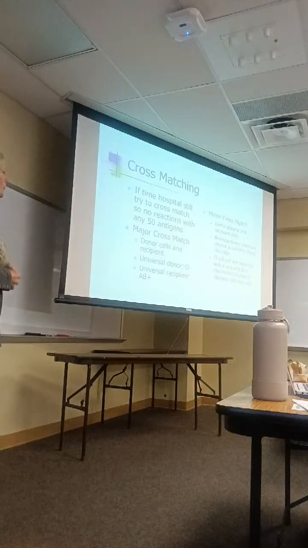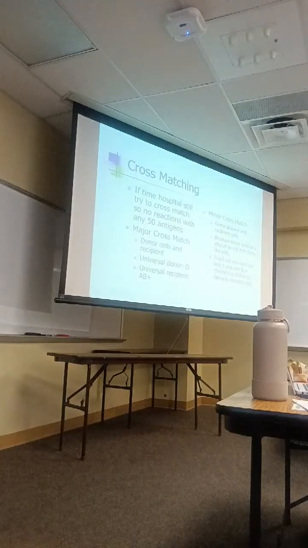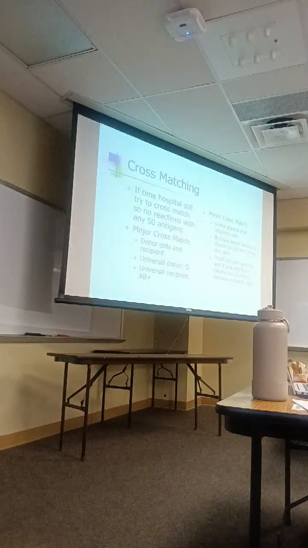Okay. Minor cross match, this is donor plasma and recipient cells. Now, again, if you're O negative, yes, your cells are naked, so the recipient won't attack the donor O cells, but that donor plasma has anti-A and anti-B antibodies because O doesn't have those antigens. So you will lose some of the recipient cells when you get that.